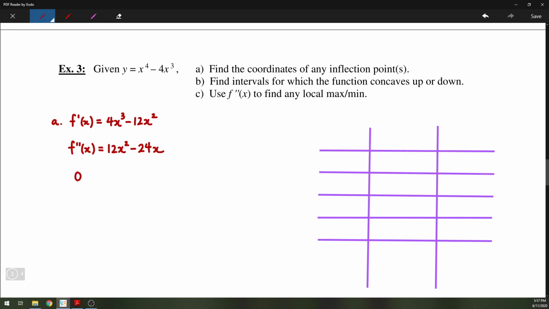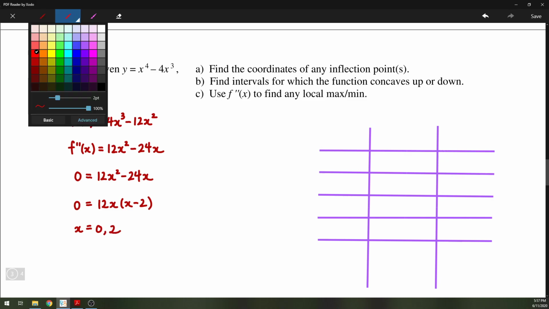And if we let that equal to 0 to find x, okay, we can factor out 12x and x is either equal to 0 or 2.